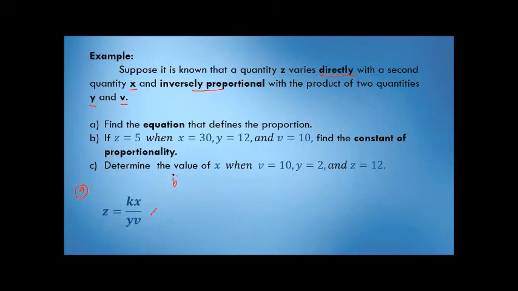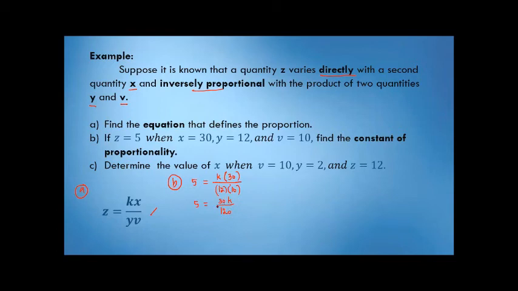Now, for letter B, dahil ayan ang equation natin, i-substitute natin itong mga to para makuha yung value ng K or ng constant. So, we have Z, which is 5, is equals to K, which is unknown, times X, which is 30, all over Y, 12, times V, which is 10. So, simplify natin, 5 is equals to 30K over 120.